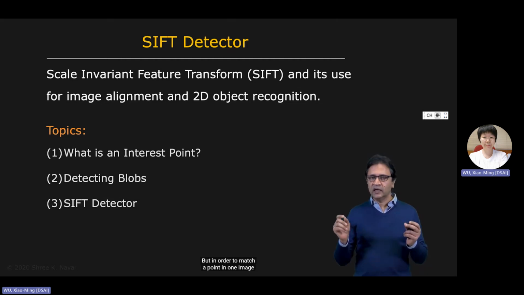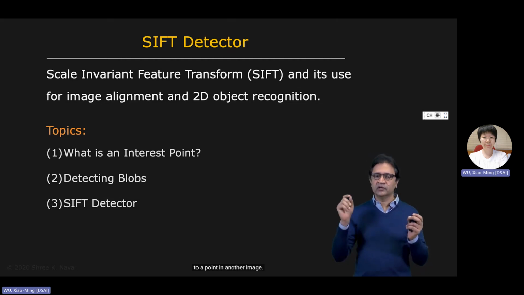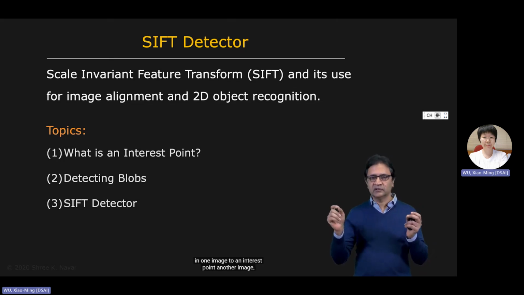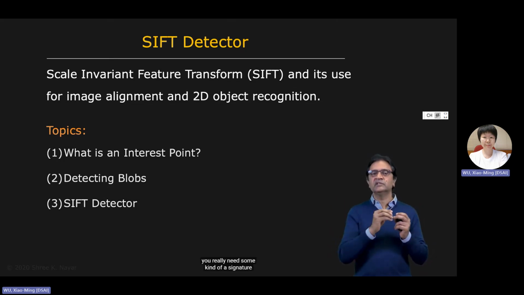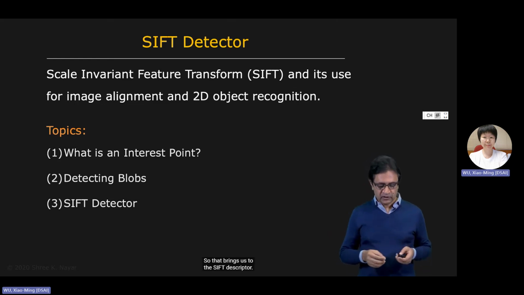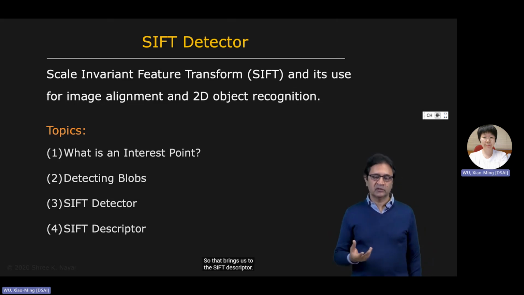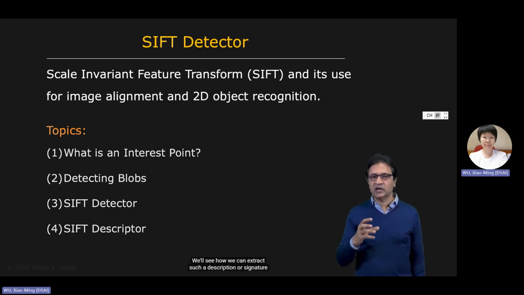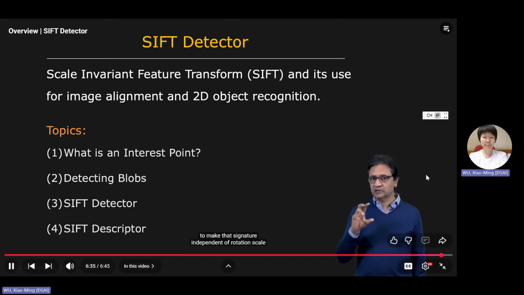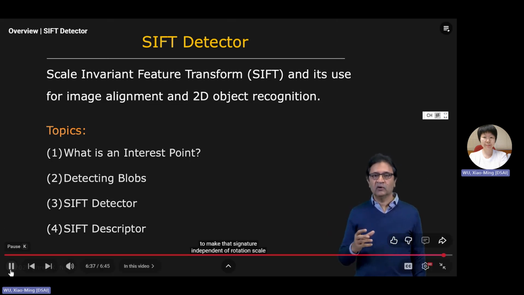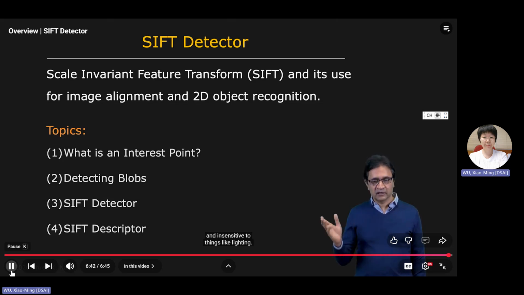But in order to match an interest point in one image to an interest point in another image, you really need some kind of a signature that describes the local appearance around the point. So that brings us to the SIFT descriptor. We'll see how we can extract such a description or signature from each one of these blobs, and how to make that signature independent of rotation and scale, and insensitive to things like lighting.